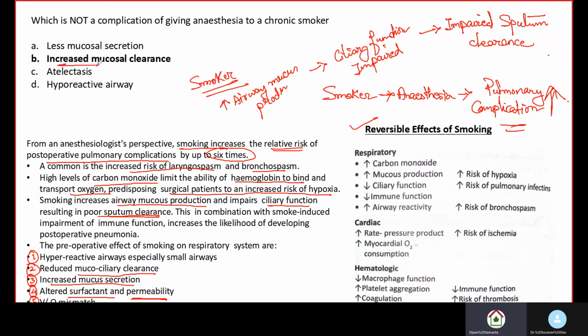So increased mucosal clearance is due to smoking and not due to anesthesia. That has to be remembered. Very important.